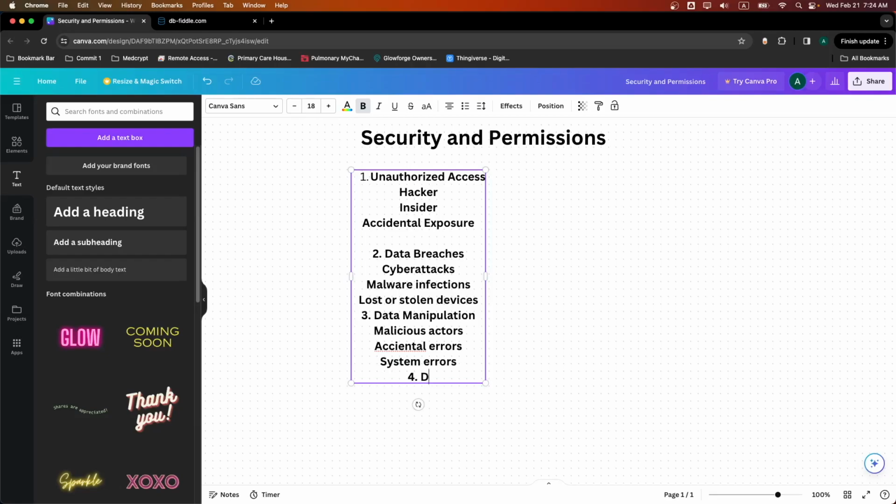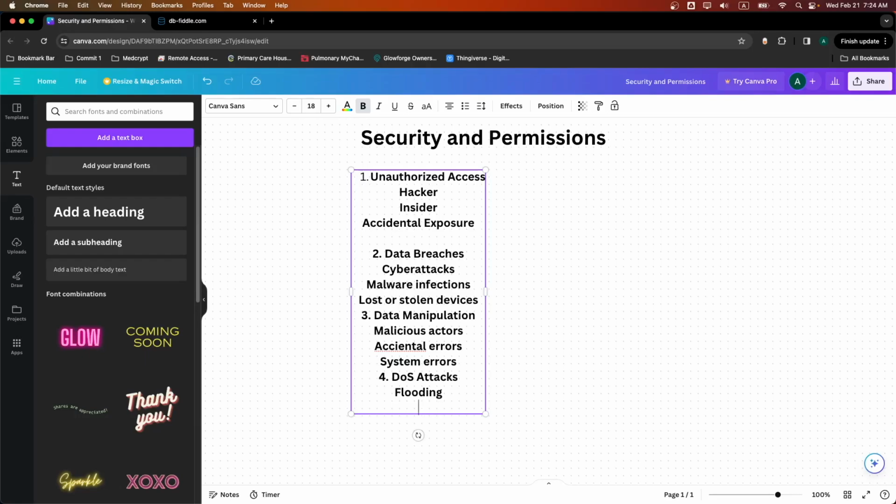The fourth threat is DoS attacks, also known as denial of service attacks. These attacks aim to render your database unavailable to authorized users. It can be done multiple ways. The very common one is the flooding technique, overwhelming the system with excessive traffic, making it unresponsive.